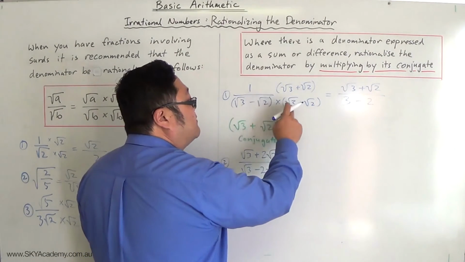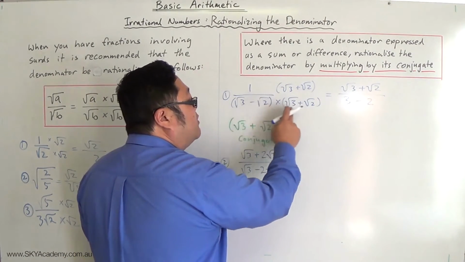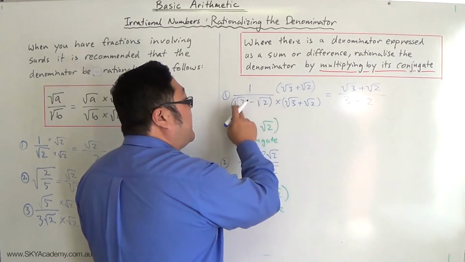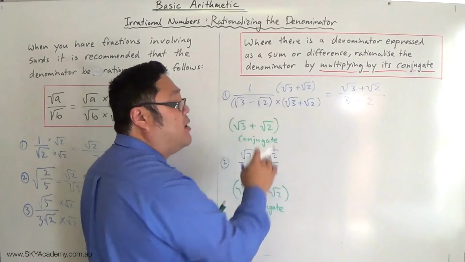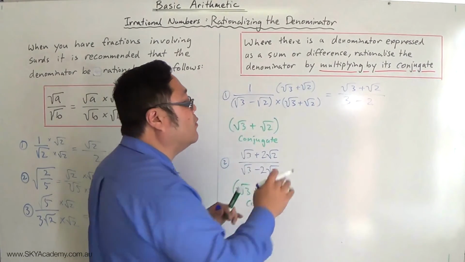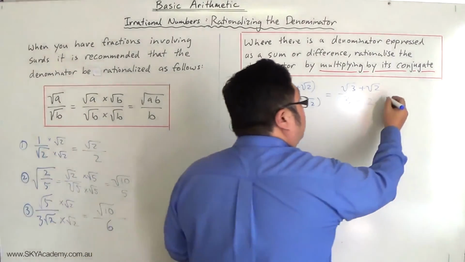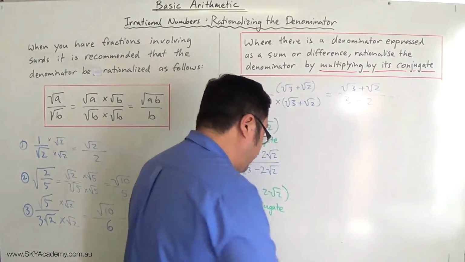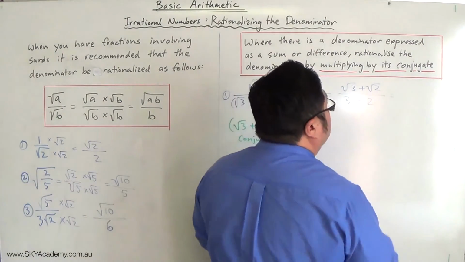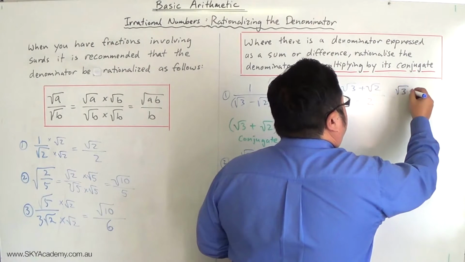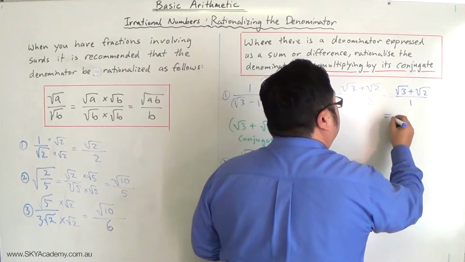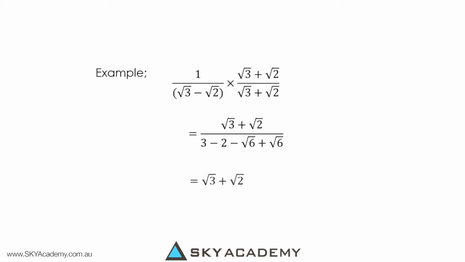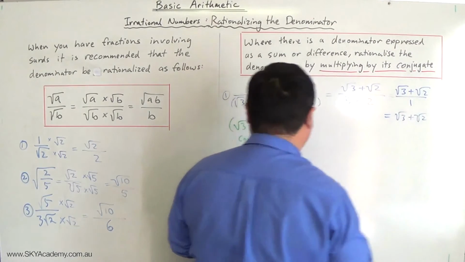So square root of 2 times the square root of 3, the inside 2 would be negative square root of 6, and then the outside 2 would be the positive square root of 6. Plus and minus the square root of 6 will cancel each other out. So what you're left with is the square root of 3 plus the square root of 2 all on 1, which will just be the square root of 3 plus the square root of 2.